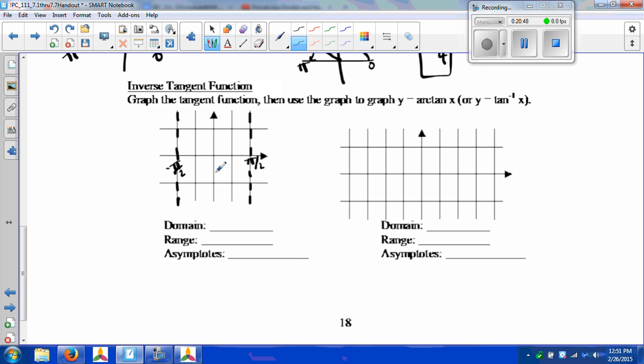All right, and we found these earlier. So if that's pi over 2, this is pi over 4, and there's 0. So the tangent of 0 is 0, and then pi over 4 is 1, or negative pi over 4 is negative 1, because tangent is negative in quadrant 4.